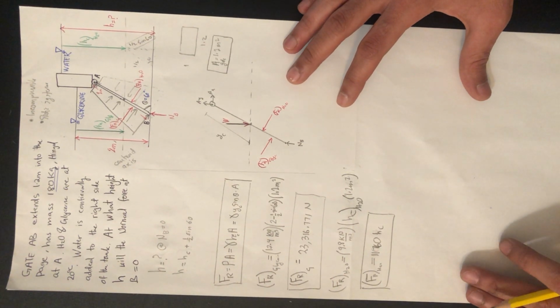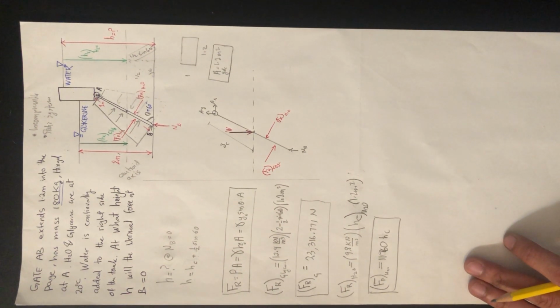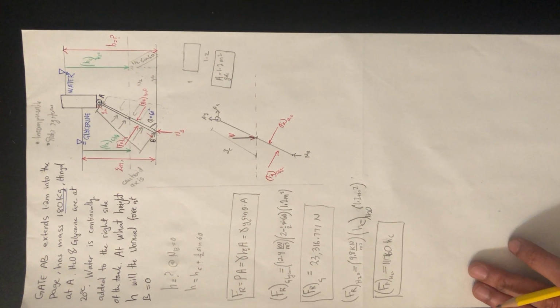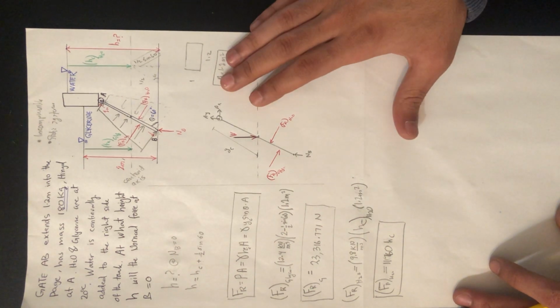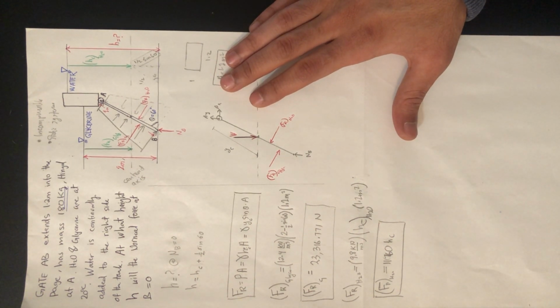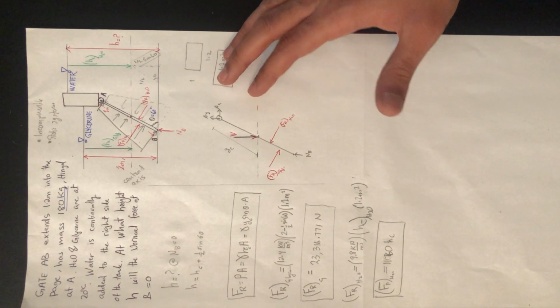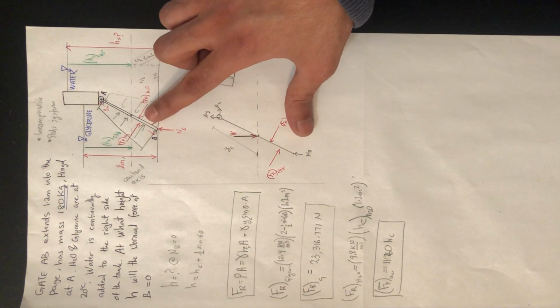We finished with the 1/3 of the problem, which is finding the magnitude of our resultant forces acting on each side of our surface.